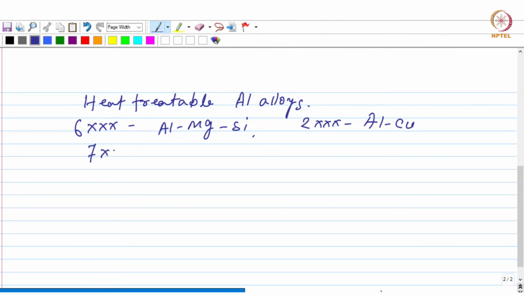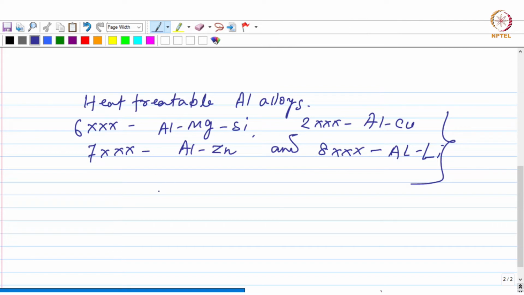The 7000 series, that is aluminum, zinc, and the 8000 series, or the aluminium lithium alloys, these are the heat treatable aluminium alloys, right? So the precipitation hardening will apply to these alloys only with regard to the aluminium alloys.